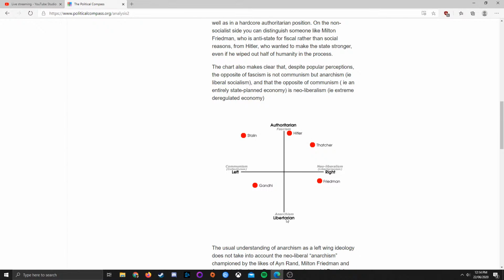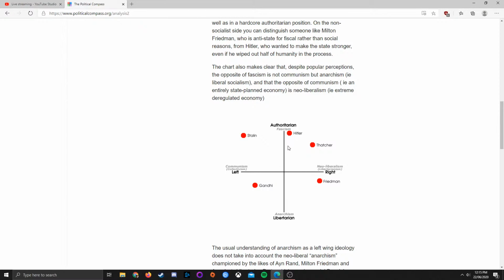Authoritarian, libertarian, I'll choose the three that are up at the top. We've got Hitler, Stalin and Thatcher up at the top for the authoritarian scale. Hitler being right up at the top on the authoritarian scale. The Nazi government during the Second World War in Germany was a very authoritarian government, with a lot of social policies put forward by the Nazi Party.